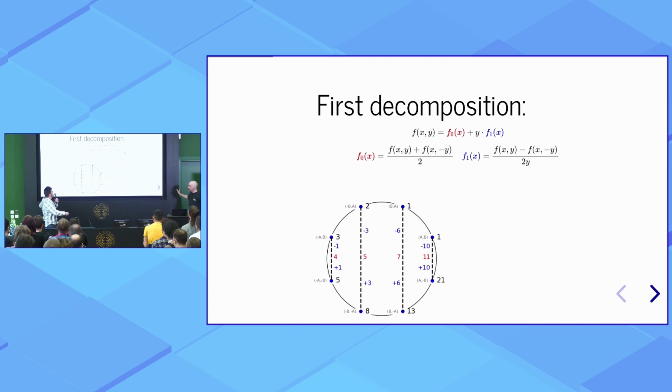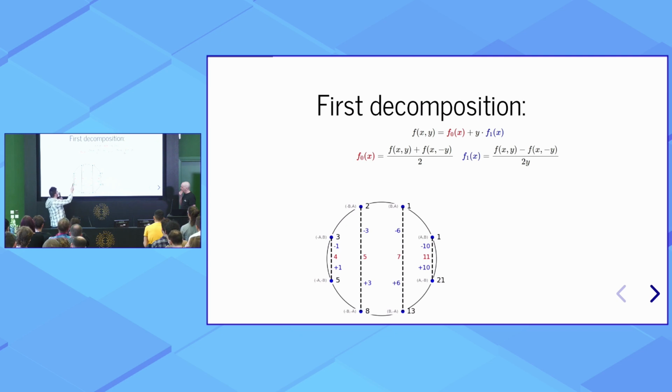f0 is just the average, as you can see, for example. We have the point 2 and the point that values to 8, the symmetric one. Their average is 5. So this is going to be an evaluation of the first polynomial, f0. So we do kind of an FFT butterfly on these 2 symmetric points.